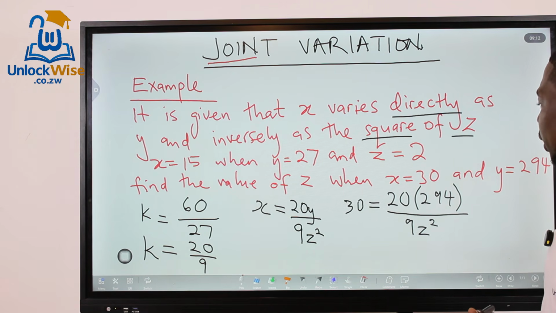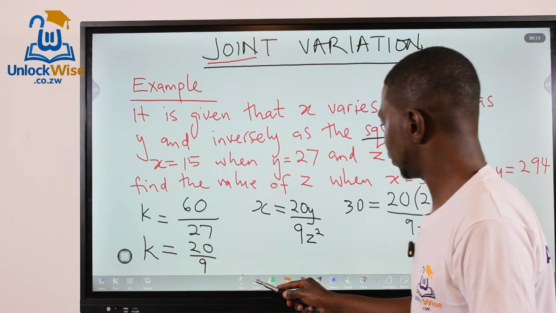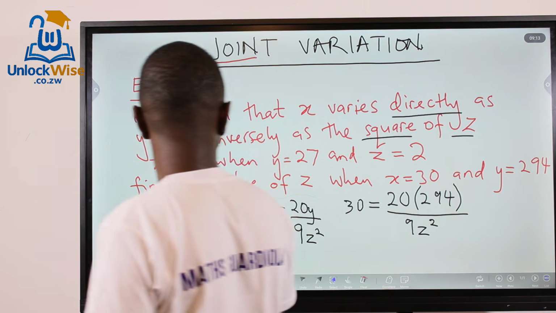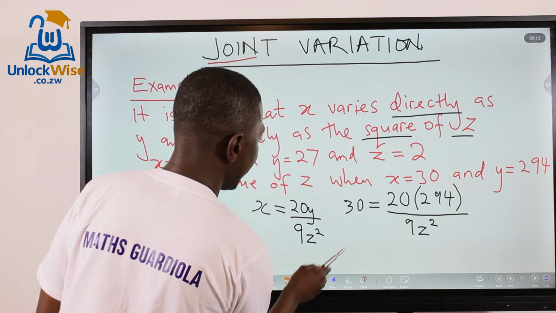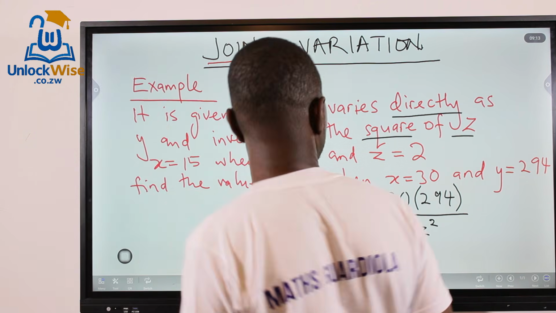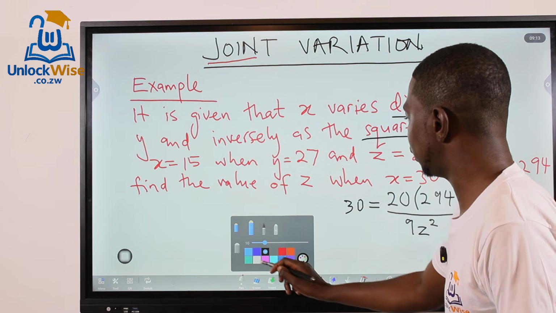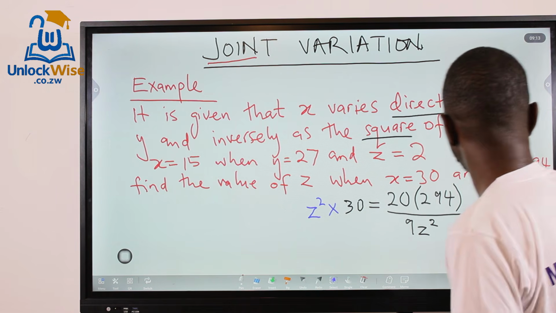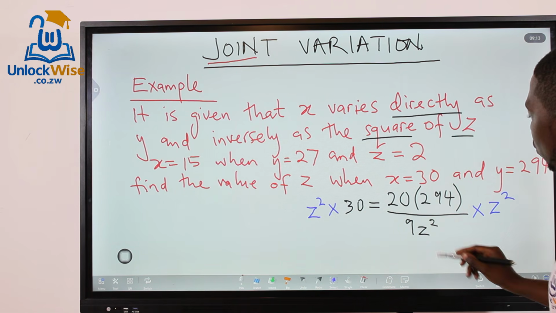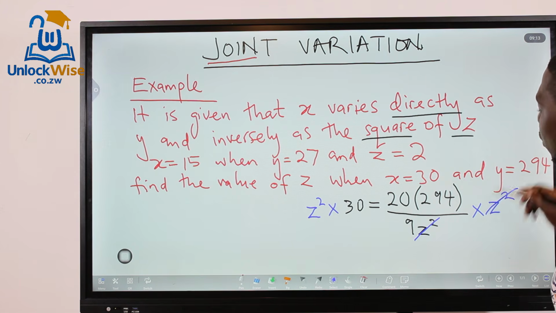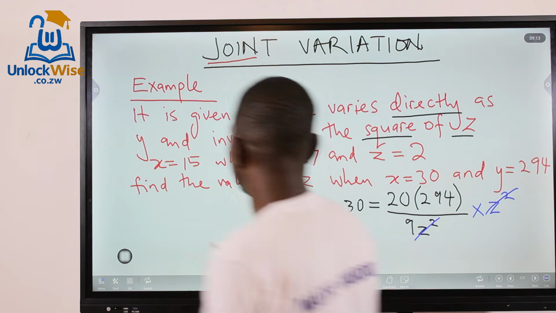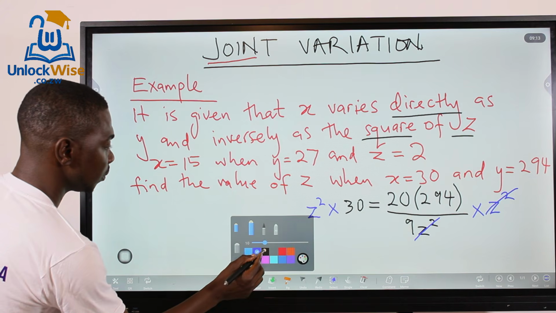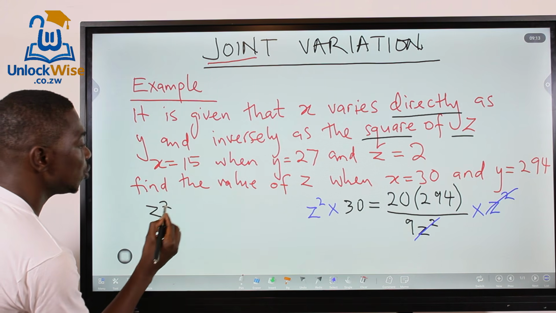So what I want to do here is multiply both sides by z squared. Let me do this so that you understand it. z squared here and multiply by z squared here. So this one is going to cross out this one, and we will remain with z squared.